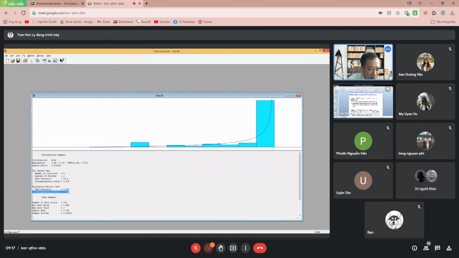The corresponding value, how much? Do you accept or not? Last time the corresponding value was 0.05. Now for beta, the statistic here. Do you accept or not?